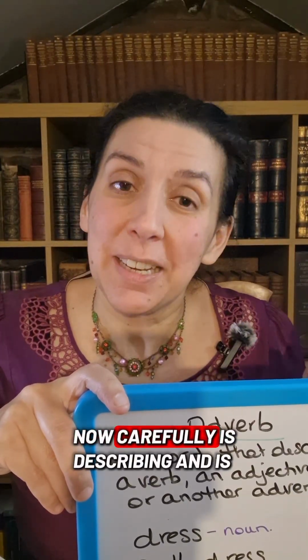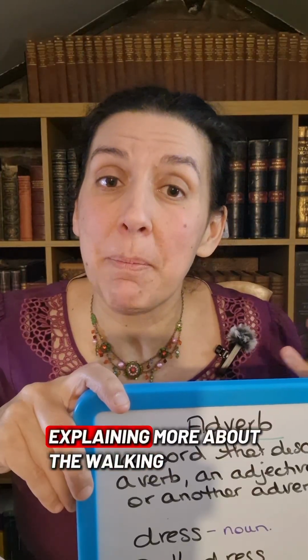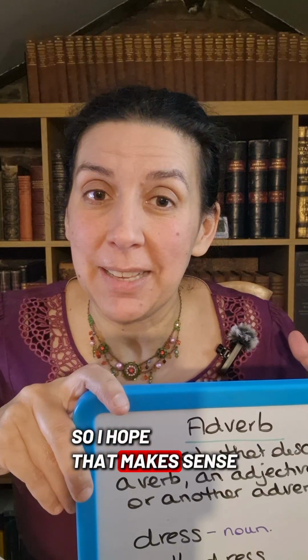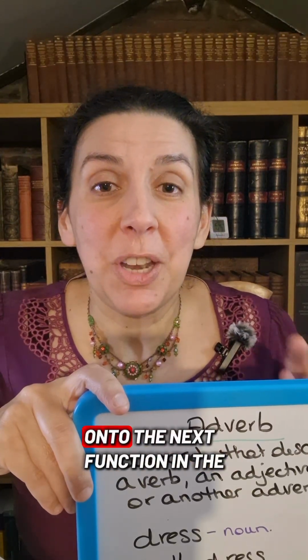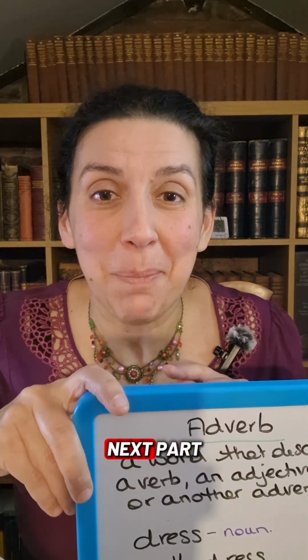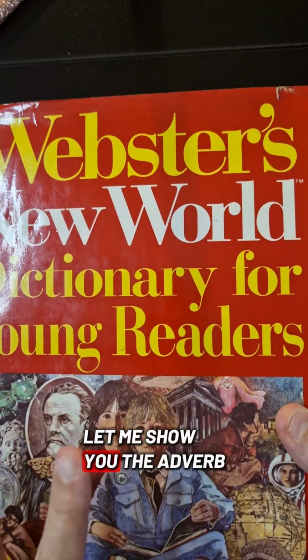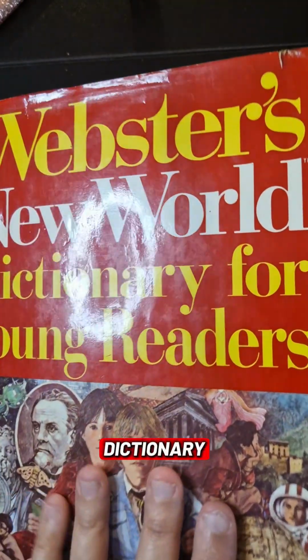Now, carefully is describing and explaining more about the walking. So I hope that makes sense. And then we're going to get onto the next function in the next part. But let me show you now how the adverb looks in a dictionary.